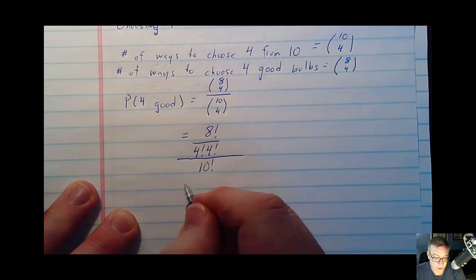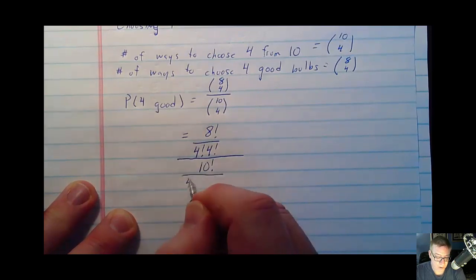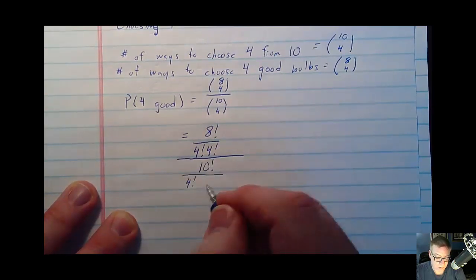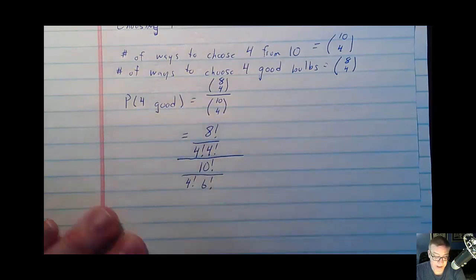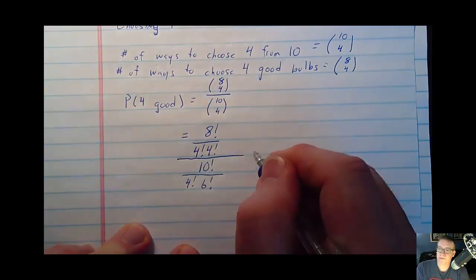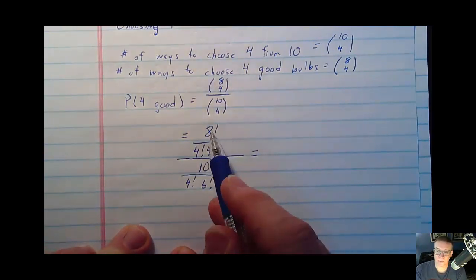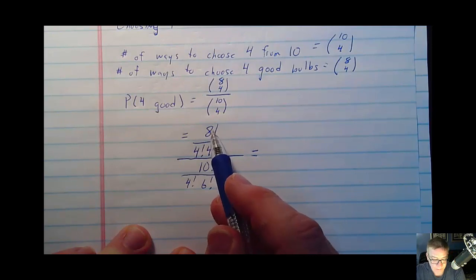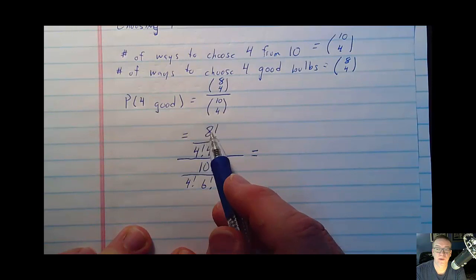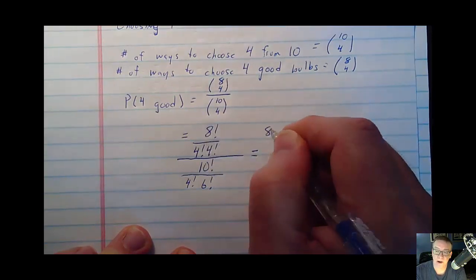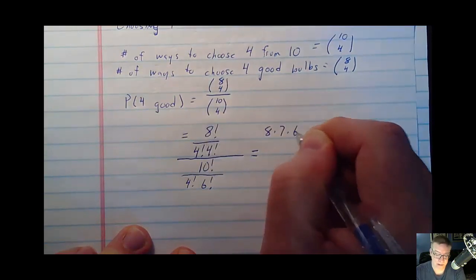And so that's going to be over 10 choose 4, which is 10 factorial over 4 factorial times 10 minus 4 factorial, which is 6 factorial. Okay, so we've got this calculation we're trying to do. And if we remember what factorials are, 8 factorial would be 8 times 7 times 6 times 5 times 4 times 3 times 2 times 1.